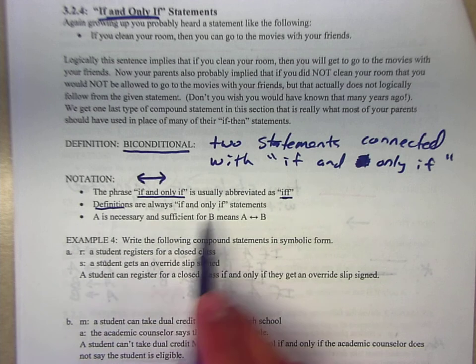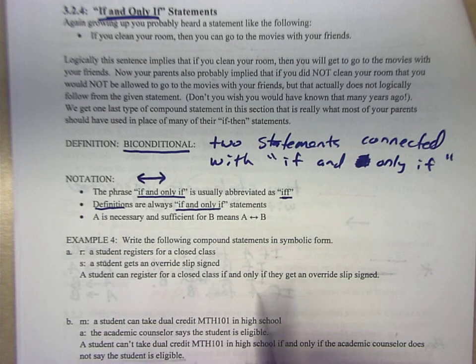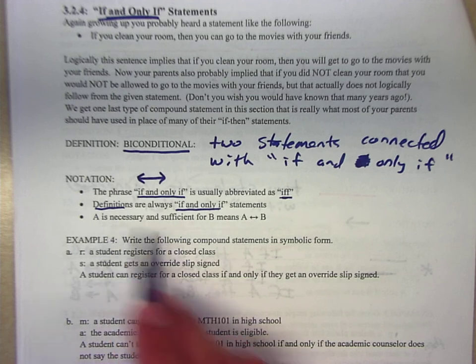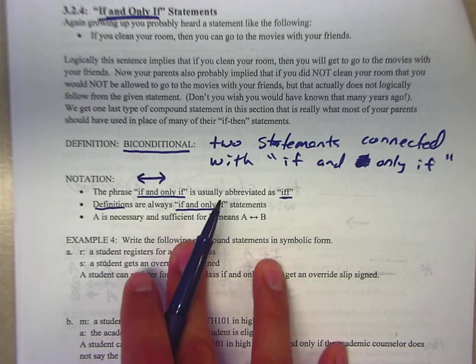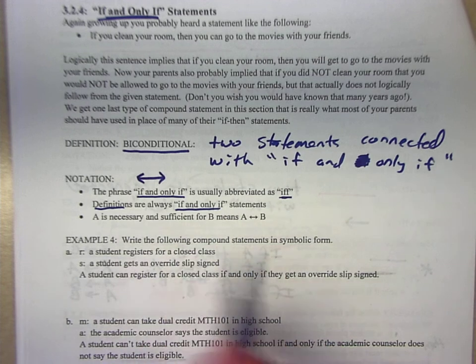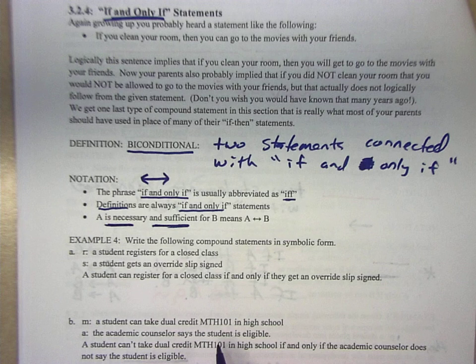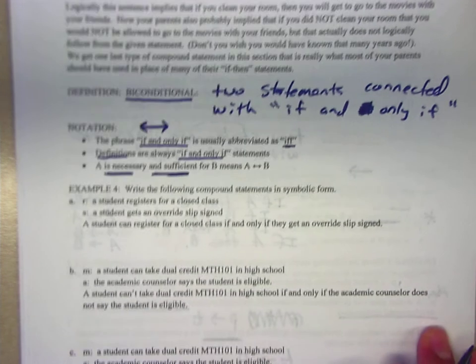Definitions are always if and only if statements, okay? And another way of saying if and only if is to combine the two things that we were talking about for conditionals, which is necessary and sufficient, right? So if we combine those two together, that means the same thing as if and only if, okay? And so these are now pretty easy to translate.